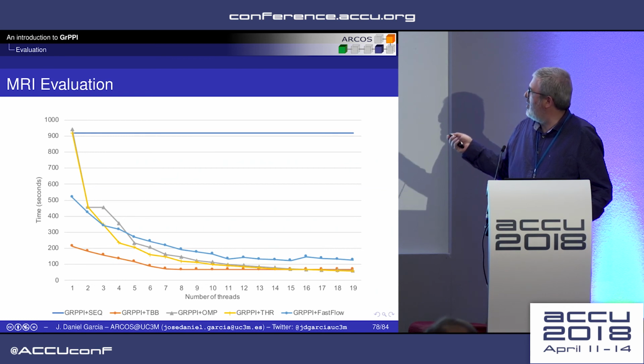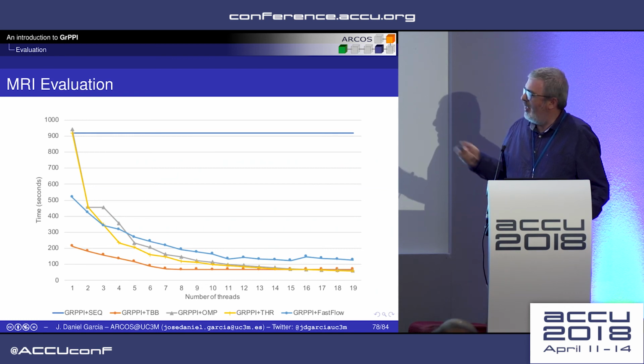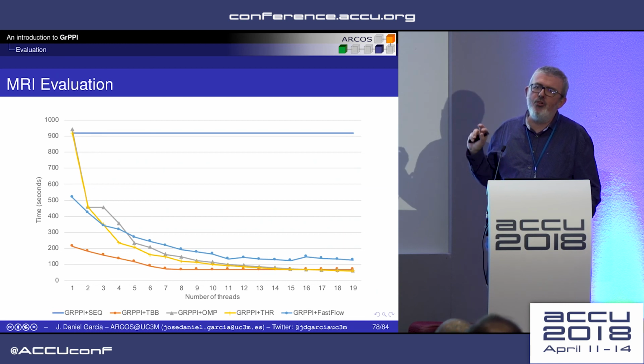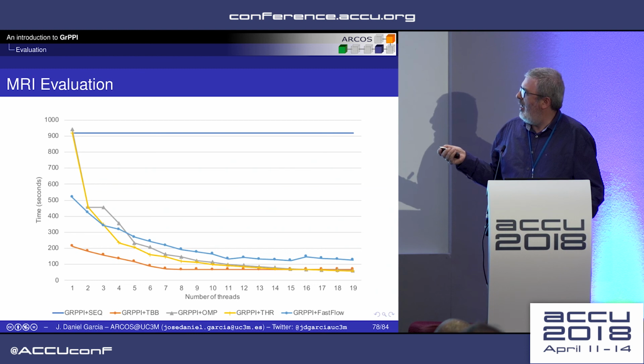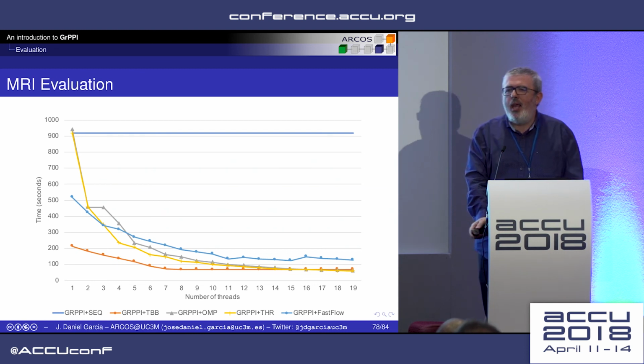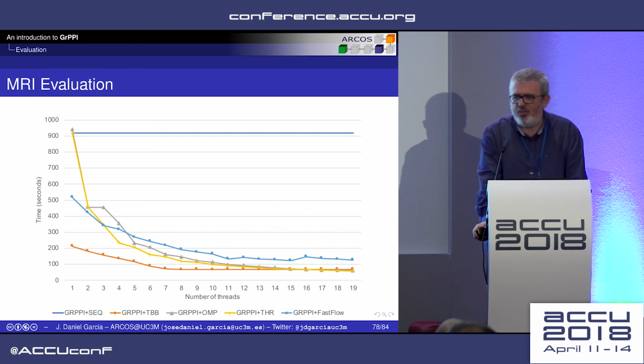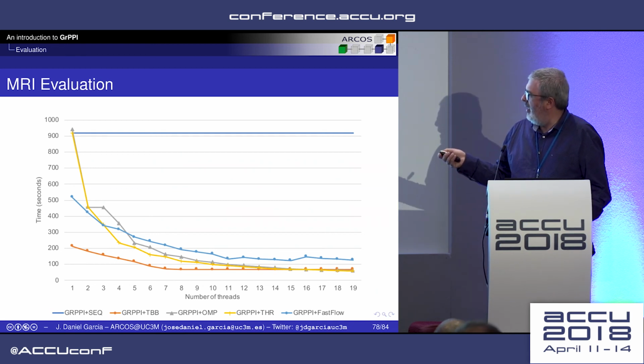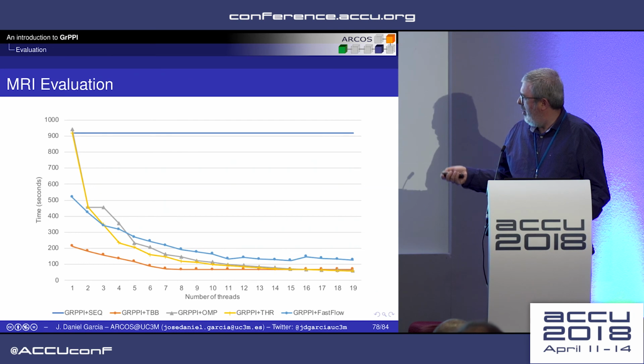So this is the sequential cost. This is a low resolution image, about 100 megabytes, and it requires sequentially a bit more than 900 seconds. Blue is, sorry, this is blue sequential. This one is TBB, where we got very good results.